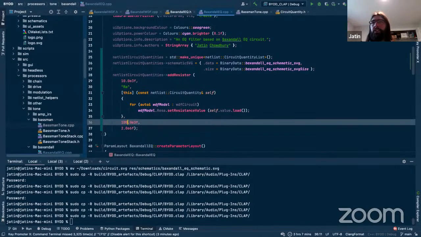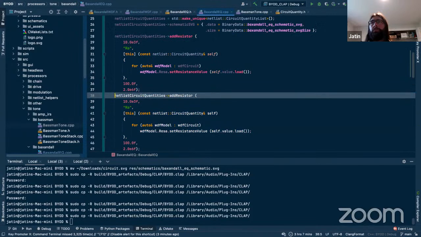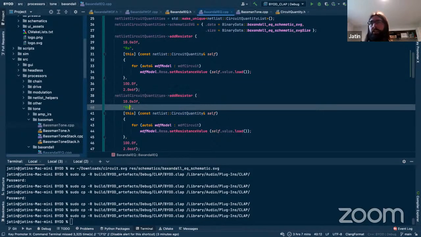And then here, the idea is that we can actually set limits for what are the maximum and minimum values of the resistor. For now, I'm going to do 100 ohms and 2 mega ohms as the limits, but we can edit that later if it seems like there's going to be stability problems or the signal is going to become way too quiet to hear or something like that.